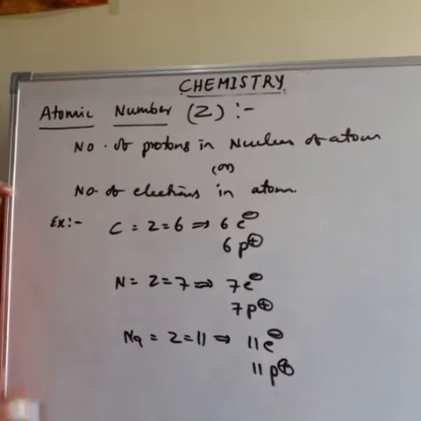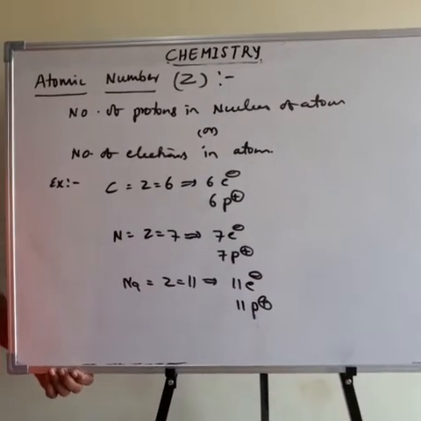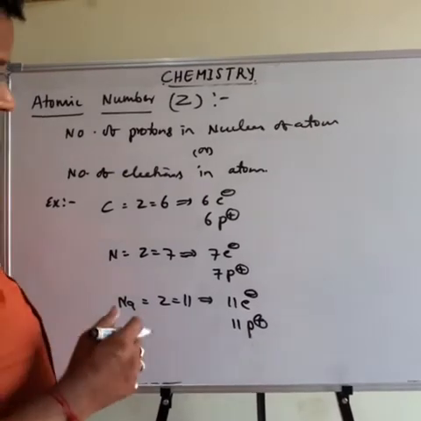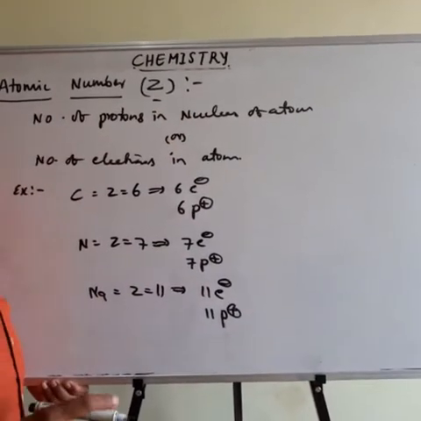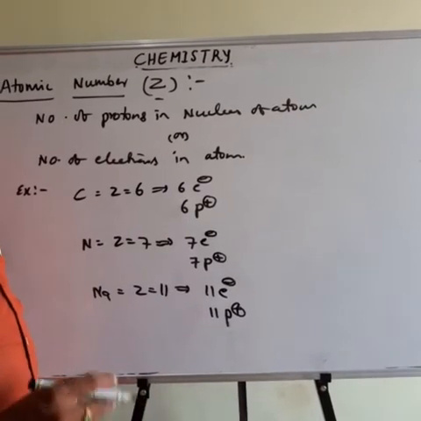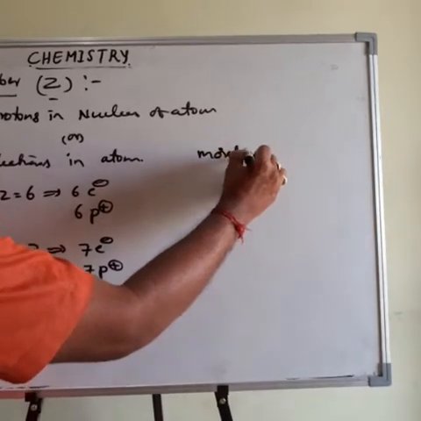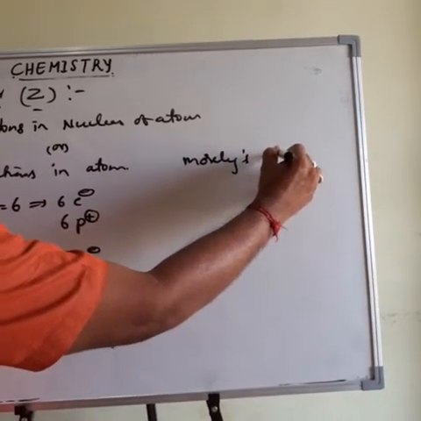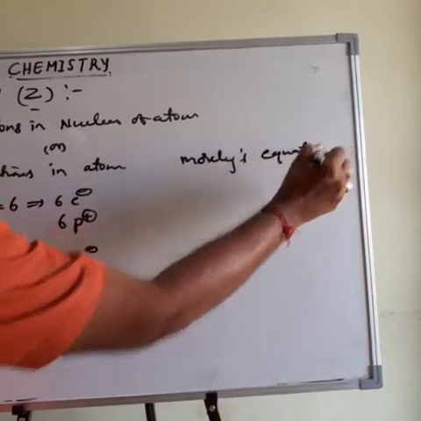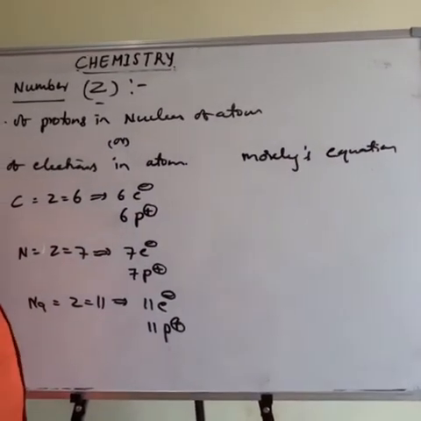Then the next one is the relation between the atomic number and the frequency of X-rays, given by the scientist Moseley. The equation gives the relation between the atomic number and the frequency of the X-rays.